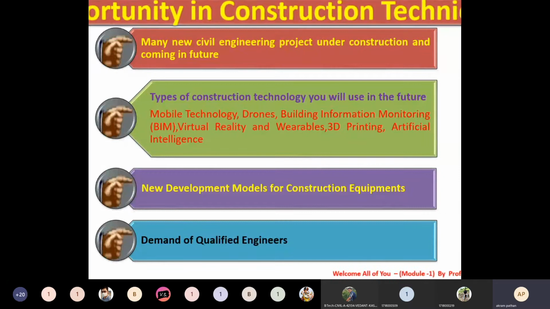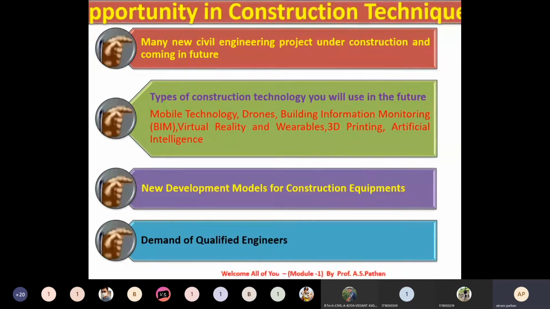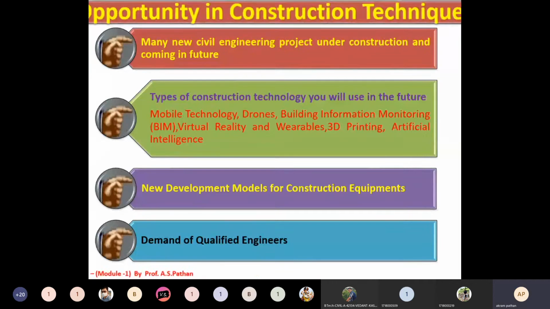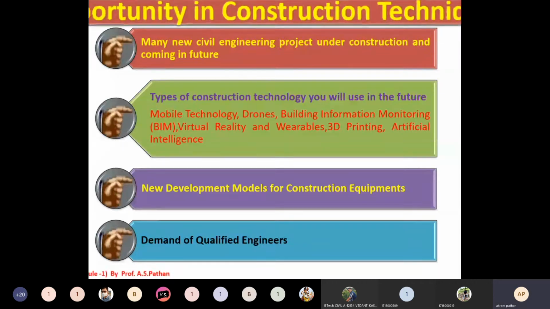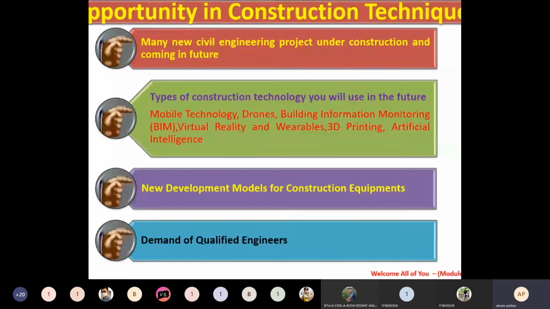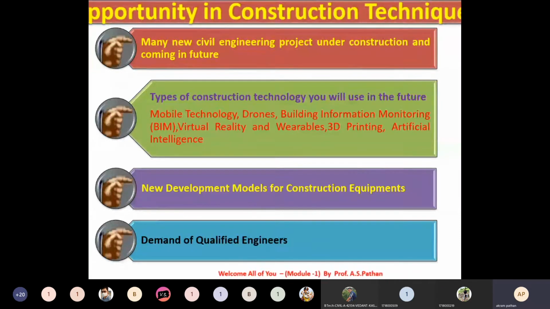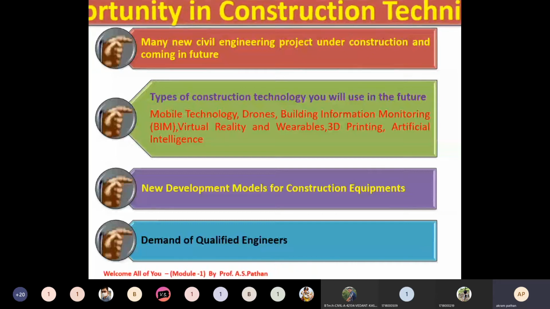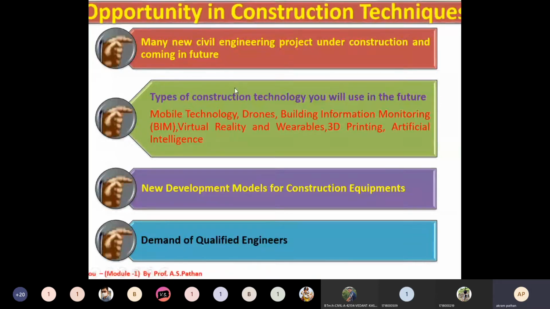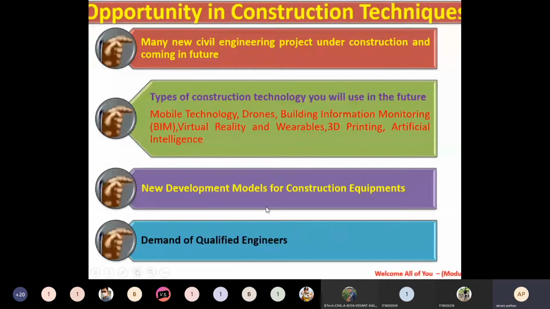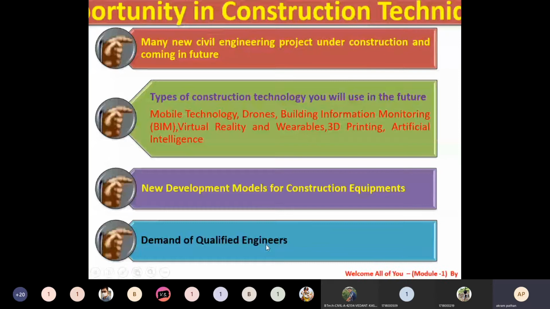Then we have modern construction technology: mobile technology, drones, building information modeling, remote sensing and GIS, virtual reality, 3D printing, artificial intelligence. You can see the new technology coming into construction. Then new development models for construction equipment, and demand for qualified engineers. So these are the opportunities in front of you.